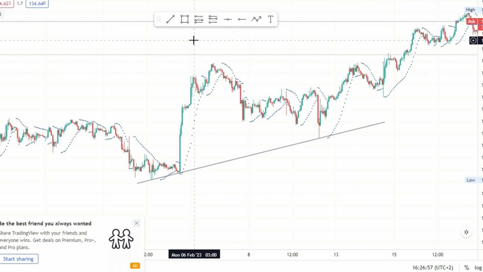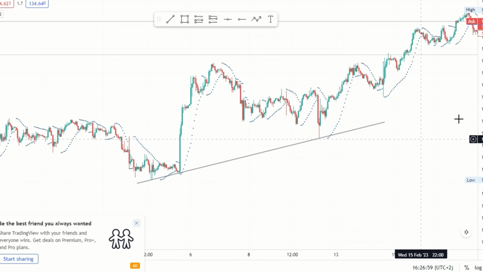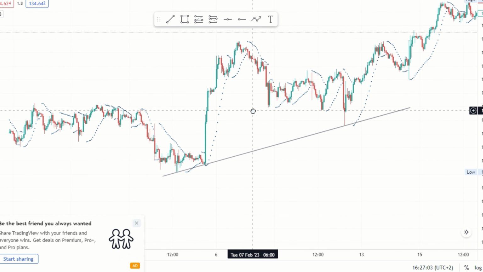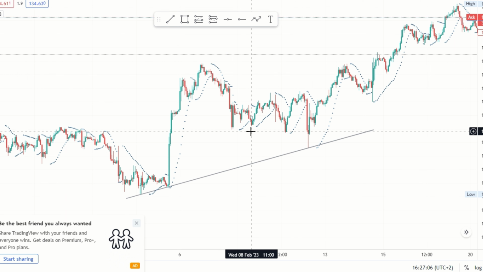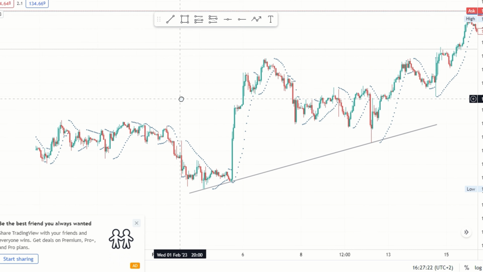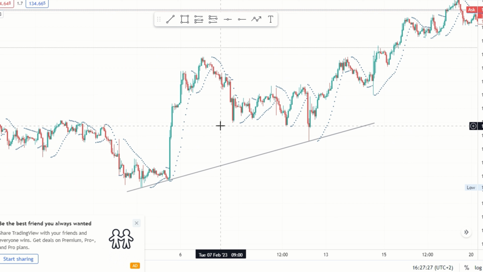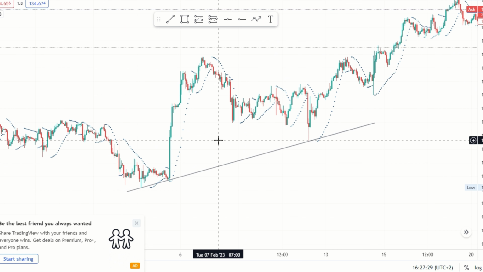If you are not too experienced, but you know your ways in and out in trading, you would have realized that this point right here was a support and resistance at some point. If you look at more recent price, you would see this was a resistance at some point.